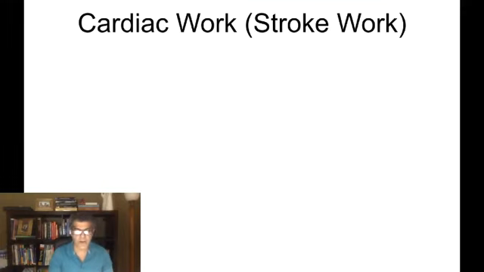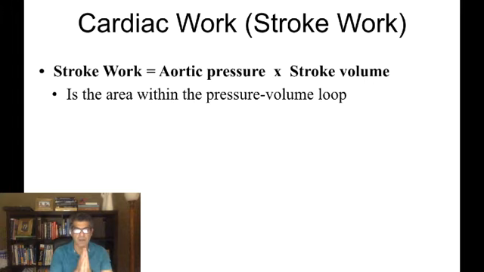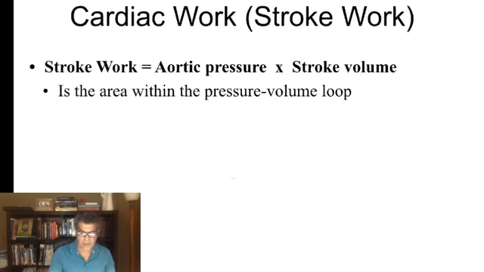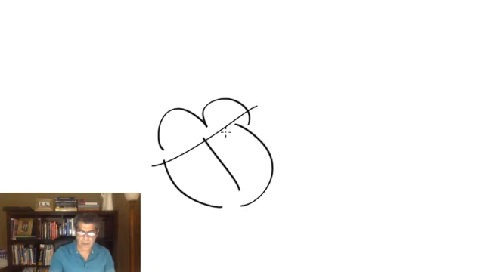Now let's talk about cardiac work or stroke work. What is cardiac work? Cardiac work is the amount of work that your heart is going to do. This amount of work is equal to the pressure inside the aorta times stroke volume. Now think about it. When I say heart, I'm talking about the left ventricle.